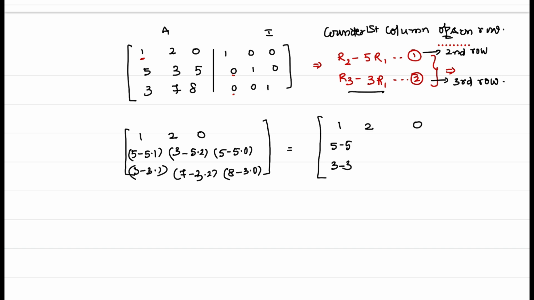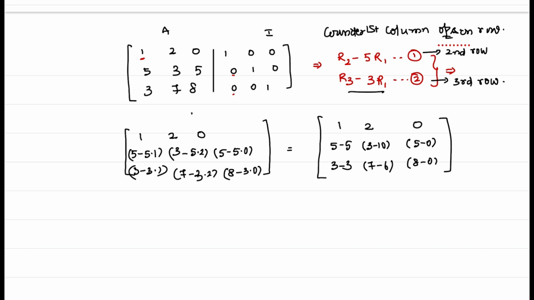This I have not disturbed. This is 3 minus 10. Are you able to follow me? This is 7 minus 6. This is 5 minus 0. This is 8 minus 0. This is the revised matrix.